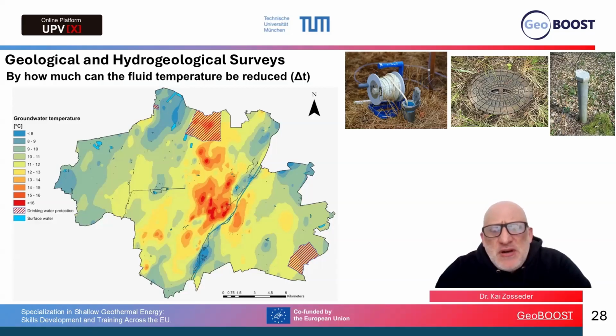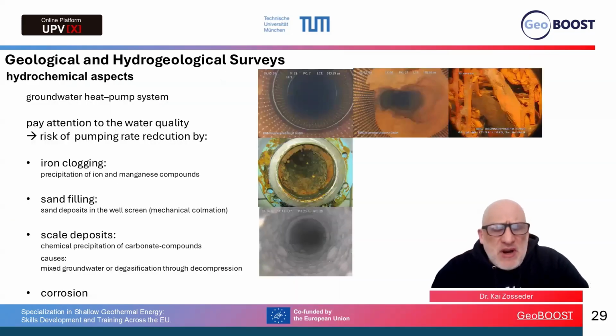So temperature measurements are quite important, and also to consider what the initial temperature is and what I can re-inject, what is allowed and what is technically useful. Of course, there are other things you have to consider when using groundwater heat pumps and installing a well. This is, of course, the hydrochemistry of your water.